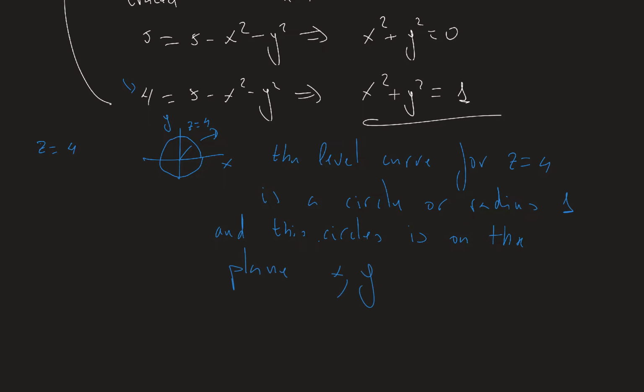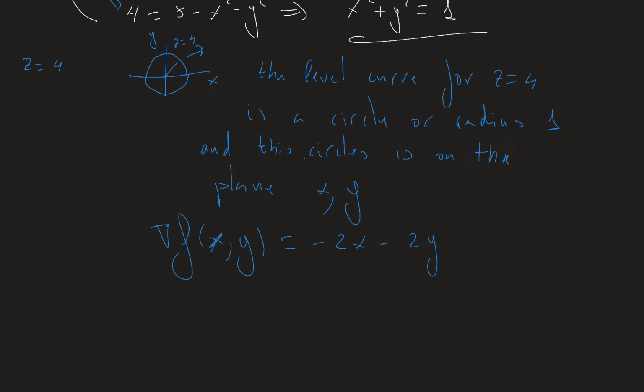x comma y. And the gradient of the function f, let's go to find it. f of xy is 5 minus x squared minus y squared. The gradient is minus 2x minus 2y.